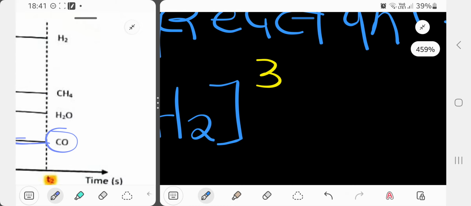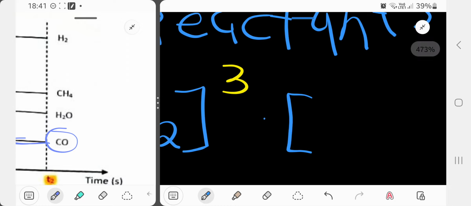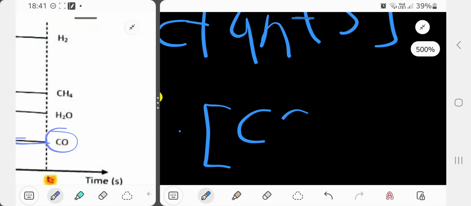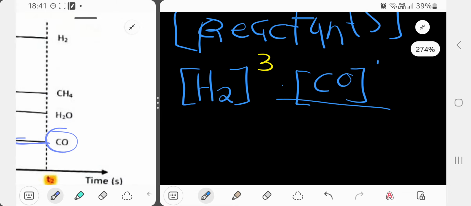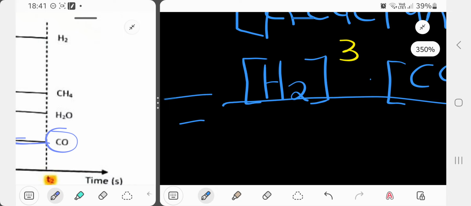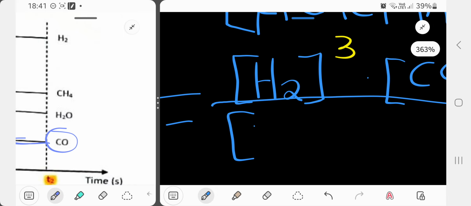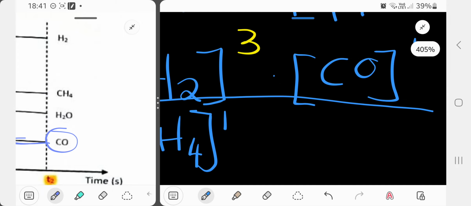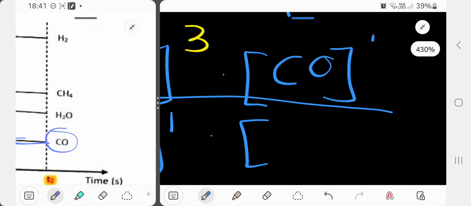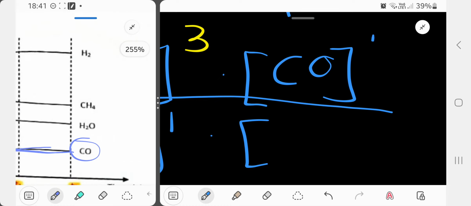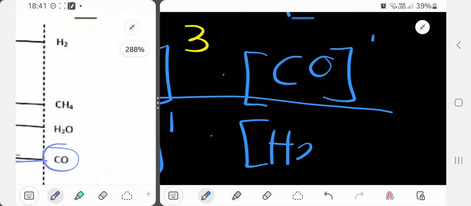And then multiplied by the concentration of carbon monoxide, which was also formed, but that's only to the power of 1, which doesn't make any difference, all over. Now we're moving to the reactants. Let me just start with CH4, and its ratio was 1, so it's to the power of 1, multiplied by the concentration of H2O, which was 1.